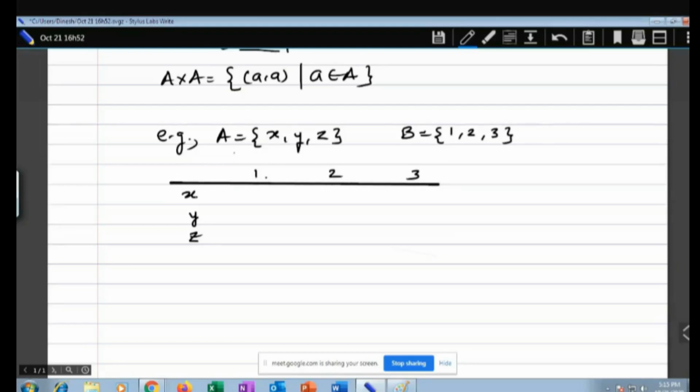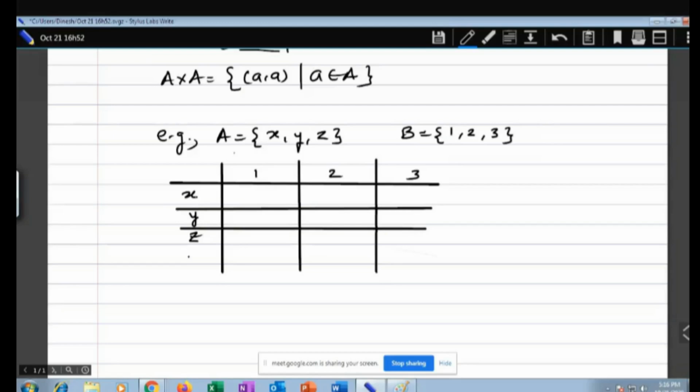Let me draw the lines so that it will be easy for you to understand. Here you can have x comma 1 as one pair, then another pair will be x comma 2, third pair will be x comma 3, like that.